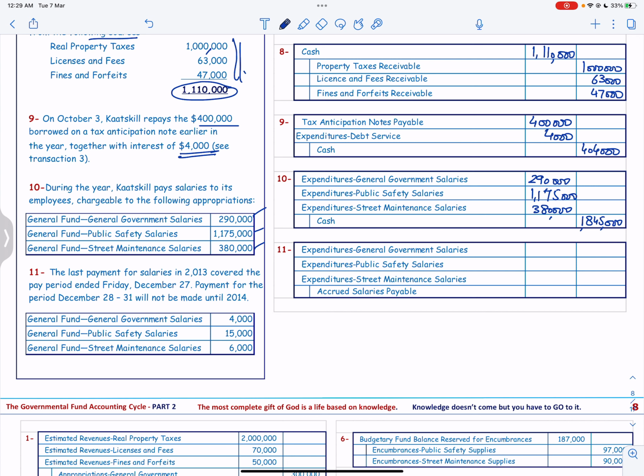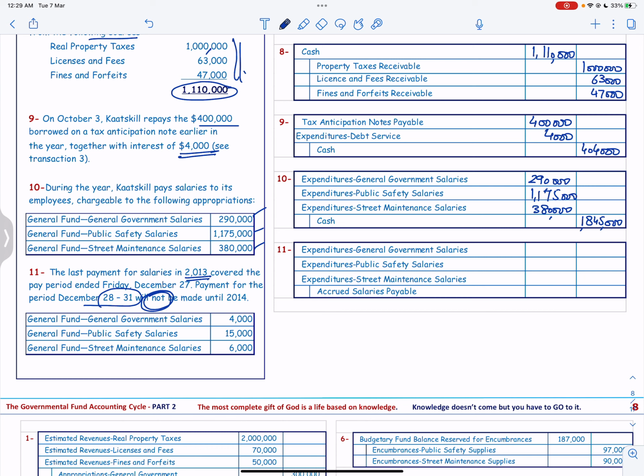Then we go to number 11. The last payment for salaries in 2013 covered the pay period ended Friday, December 27. Payment for December 28 to 31 will not be made until 2014. If that is the case, this is an example of salary being accrued, and because it is going to be paid, this is going to be recorded over here.